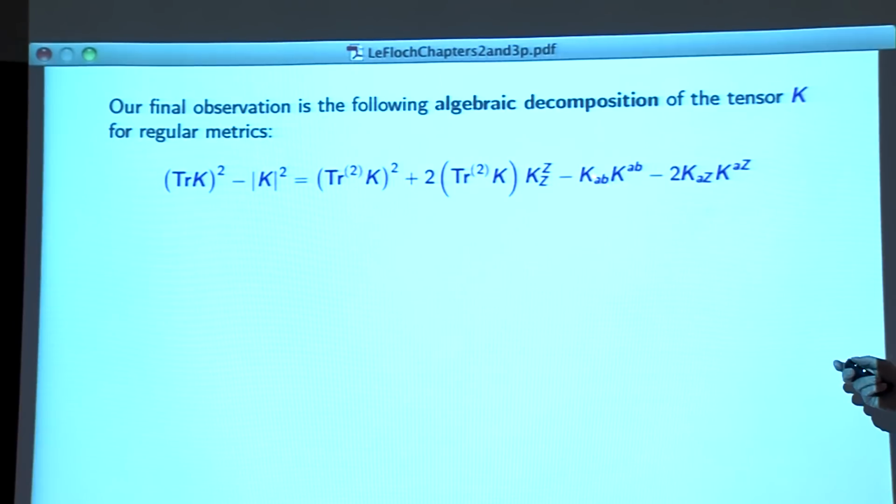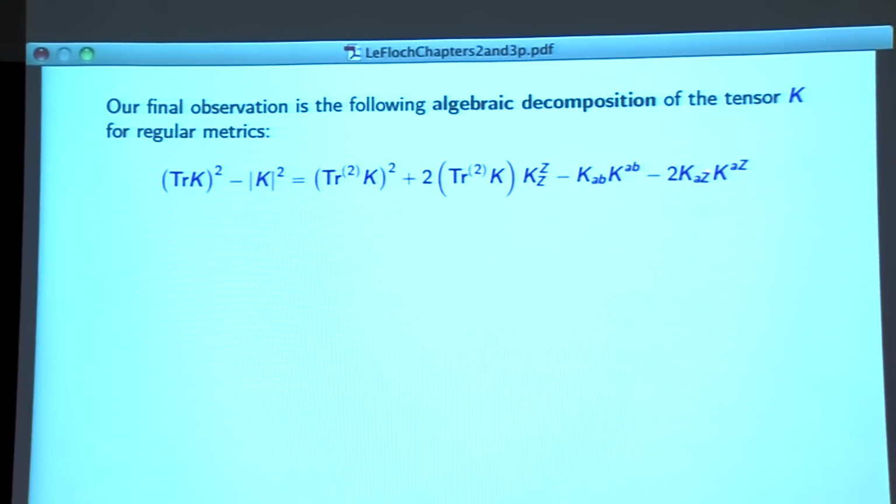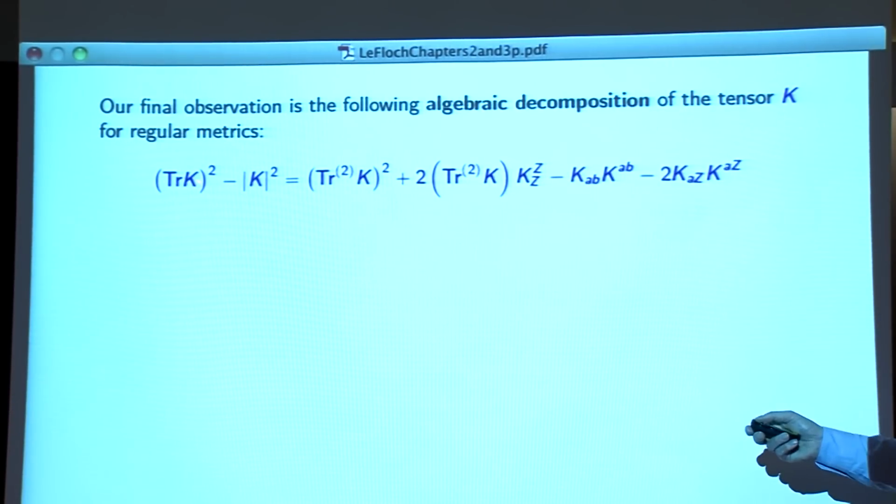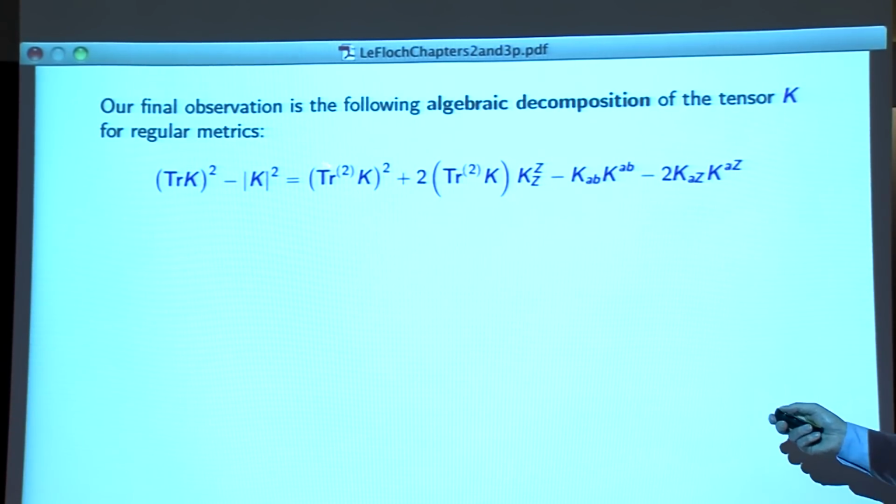And then you have KAB. So this means that you compute the norm only of the XY part of this second fundamental form. So it's a product of L2 quantities. And here also, this is L2 times something which is also well defined, right? L2 times L2.